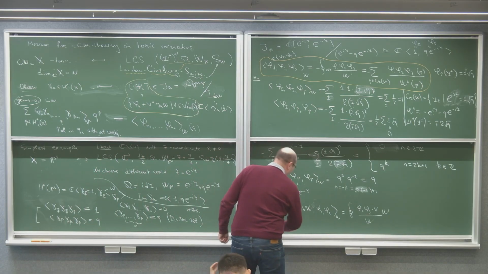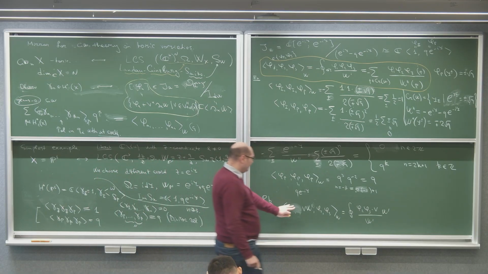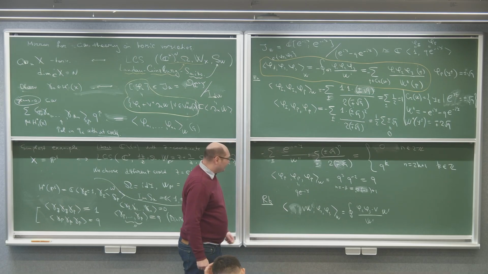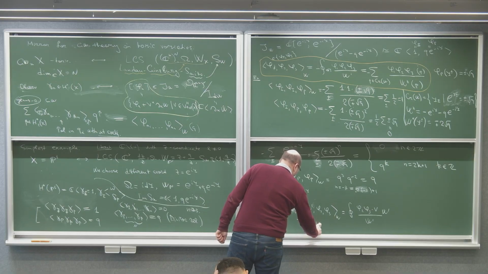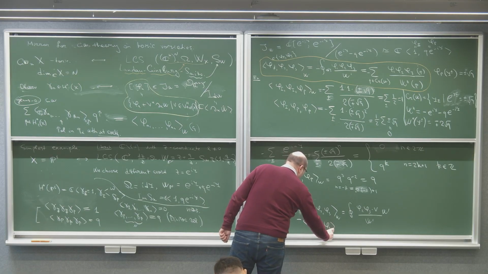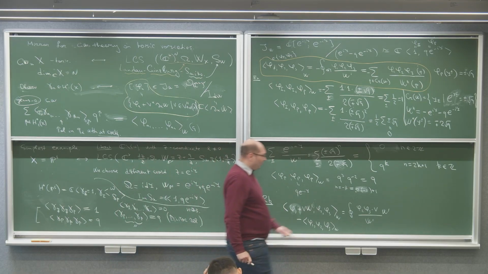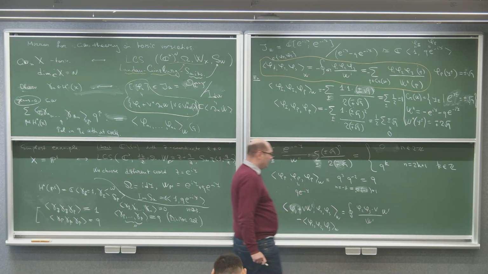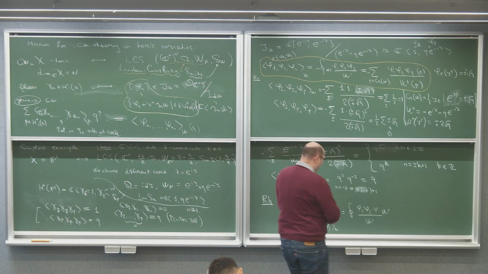Okay, let me do it the following way. This expression is linear in its 3 arguments. So let me consider the difference between this and the original one. The difference will be proportional to the difference between phi 1 and phi 1 plus v w prime.